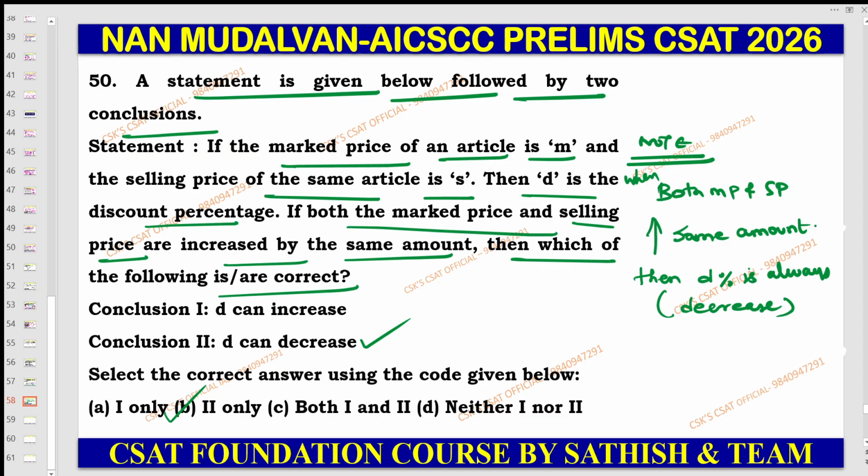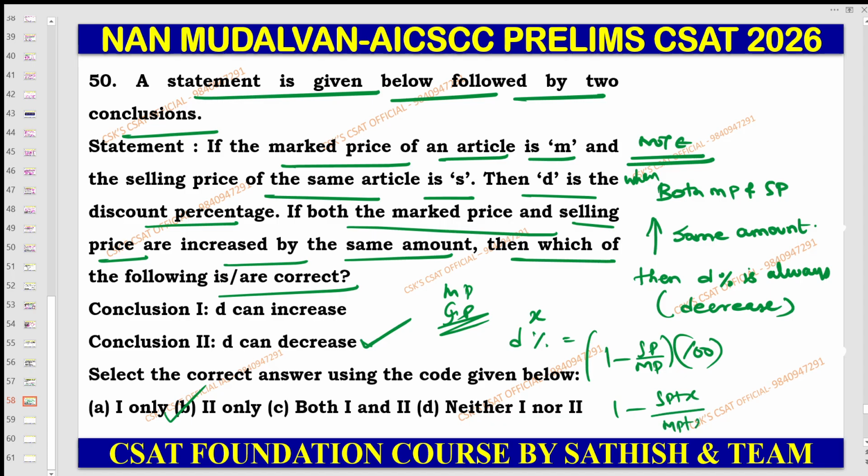This note will help you solve this kind of problem rather than simply taking this as the MP and this as the SP and substituting in the discount percentage formula, 1 minus SP by MP into 100, then increasing to SP plus X by MP plus X. Not required for this kind of thing.